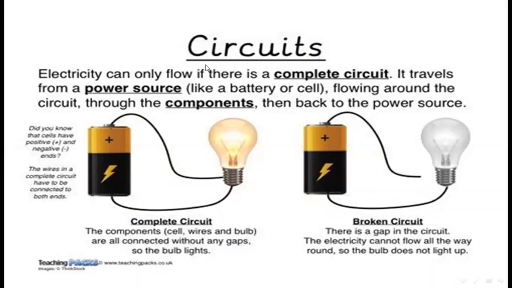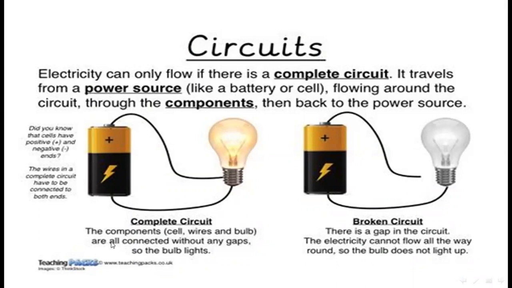Circuits. Electricity can only flow if there is a complete circuit. It travels from a power source like a battery or cell, flowing around the circuit through the components, then back to the power source.